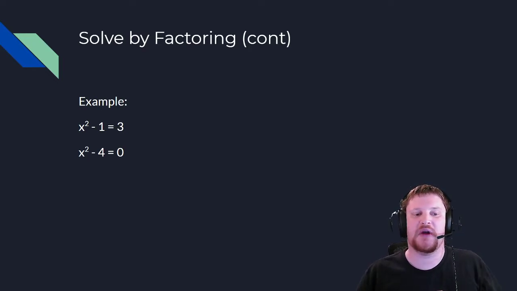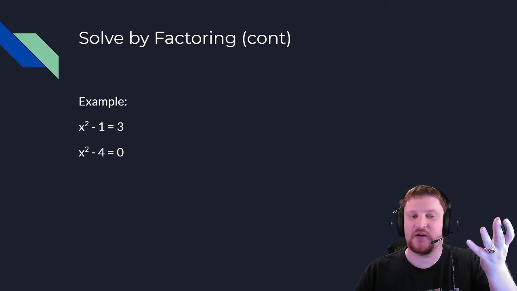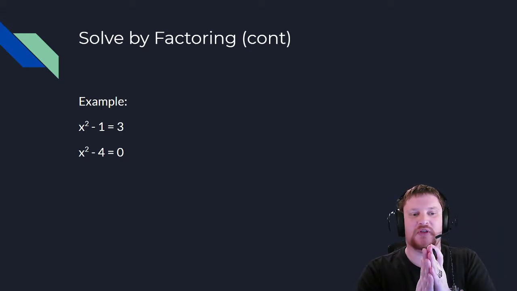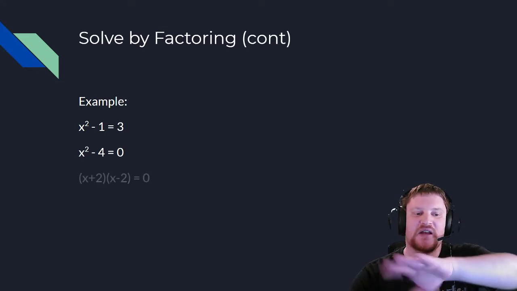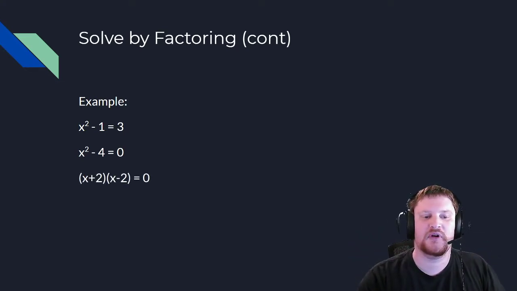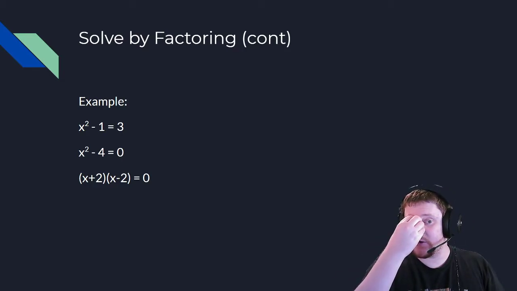So x squared minus 4 equals 0. Now we just have to factor it. Well, x squared is a perfect square, 4 is a perfect square, and we have subtraction between them. So we can use our special factoring rule to factor that as x plus 2 and x minus 2. Still equals 0.